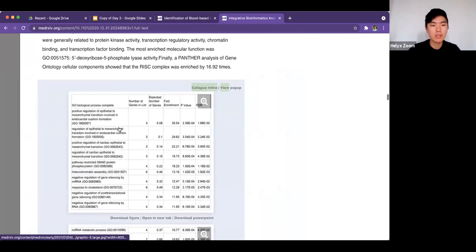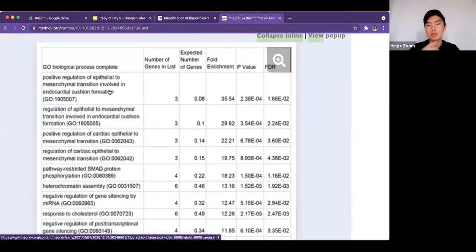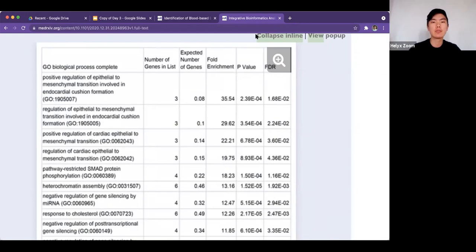a gene ontology. A gene ontology is essentially, once you identify which genes are changed in your analysis, like, okay, these 500 genes have significantly different expression, you feed them to this tool called Panther. And Panther will tell you, oh, out of the 500 genes in your list, 400 of them were involved in cell division.